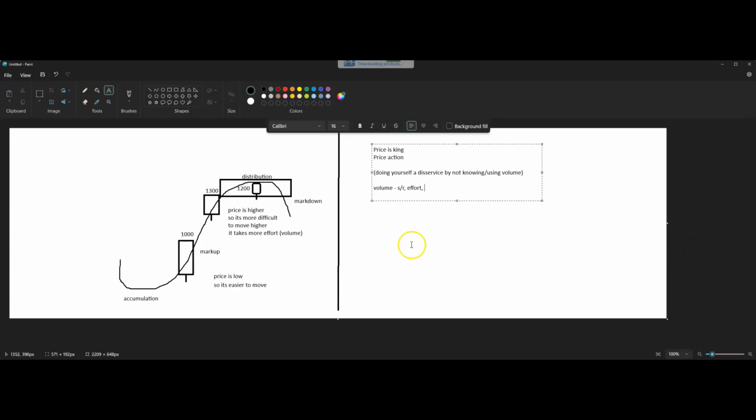Having the right knowledge about volume is, in my opinion, critical. I have no idea how to trade without volume. It would be really challenging.